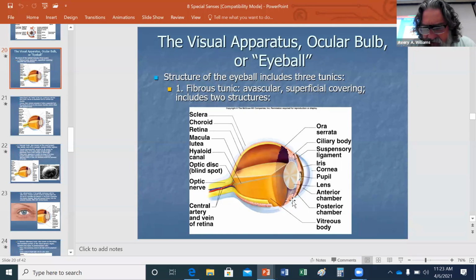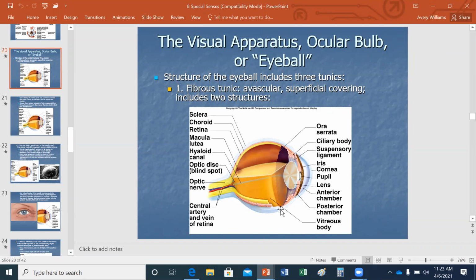And if you follow it, right here it's no longer opaque, it's clear. So your cornea and the sclera are 2 parts of the fibrous tunic. The sclera is the white part, the cornea is the clear part. It has to be clear because it has to allow light to go through it. Does that make sense?